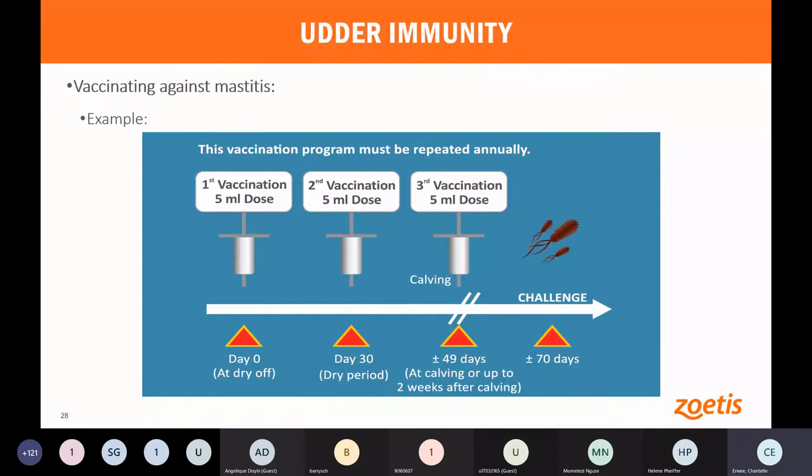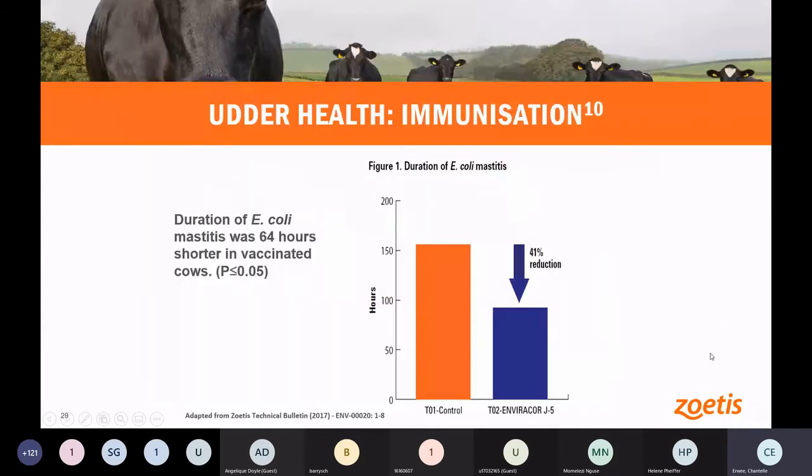This is just because we need to vaccinate during high risk periods. If you vaccinate now, it will not necessarily carry through to the next high risk period or the next dry off. Unfortunately, with these types of vaccinations, the immunity is not long lasting.